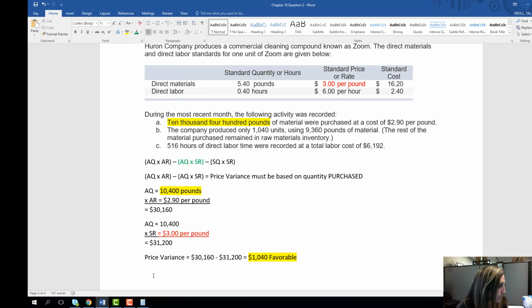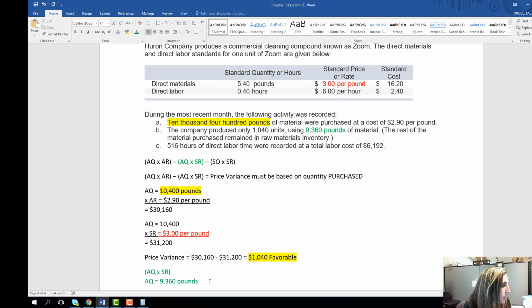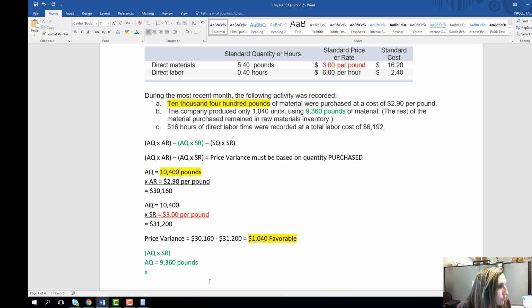I am going to recalculate this, and this time my AQ is actually going to be 9,360 pounds. That is found right here. When the quantity purchased and the quantity used are not the same, you cannot continue your formula using the quantity purchased. You're going to have to recalculate the middle section of the formula, putting in the actual quantity used.